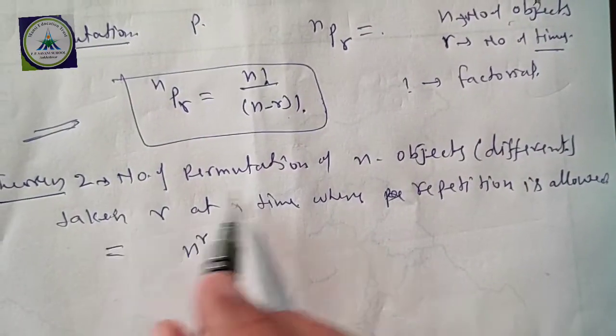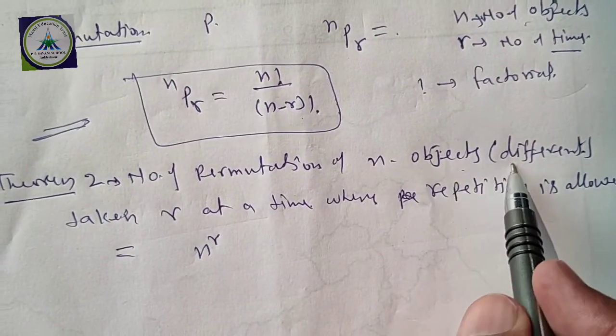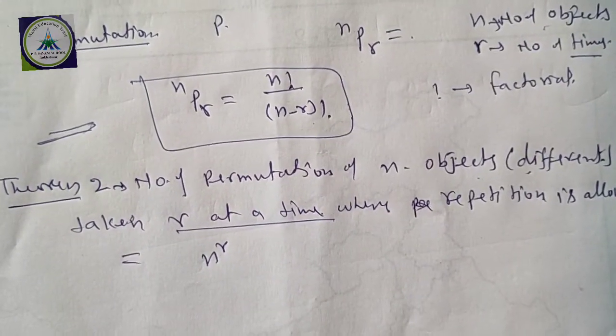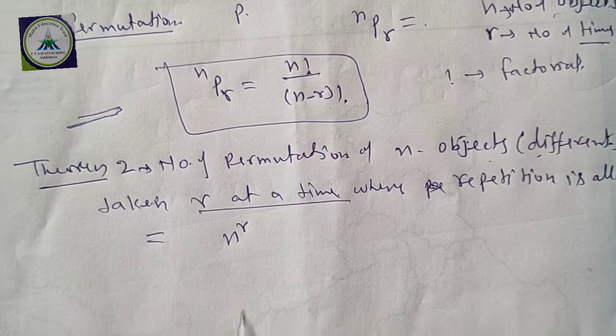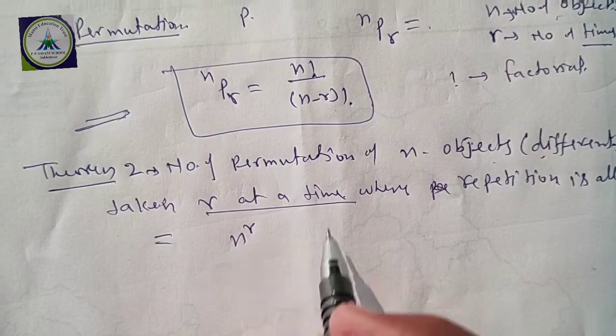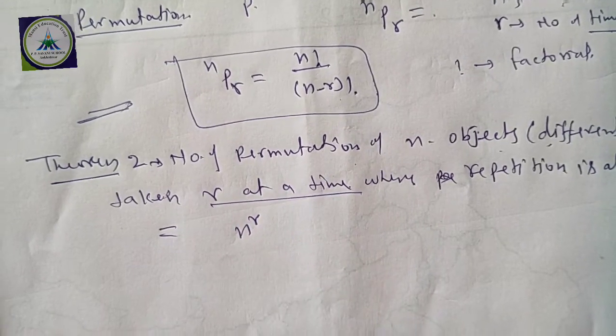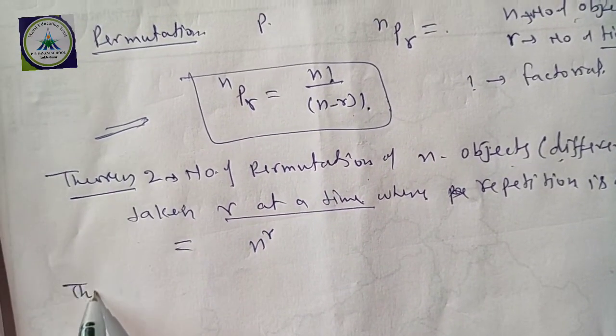This is the formula. Number of permutations of n different objects, where r is the number of times taken, equals n raised to r. This is the formula.